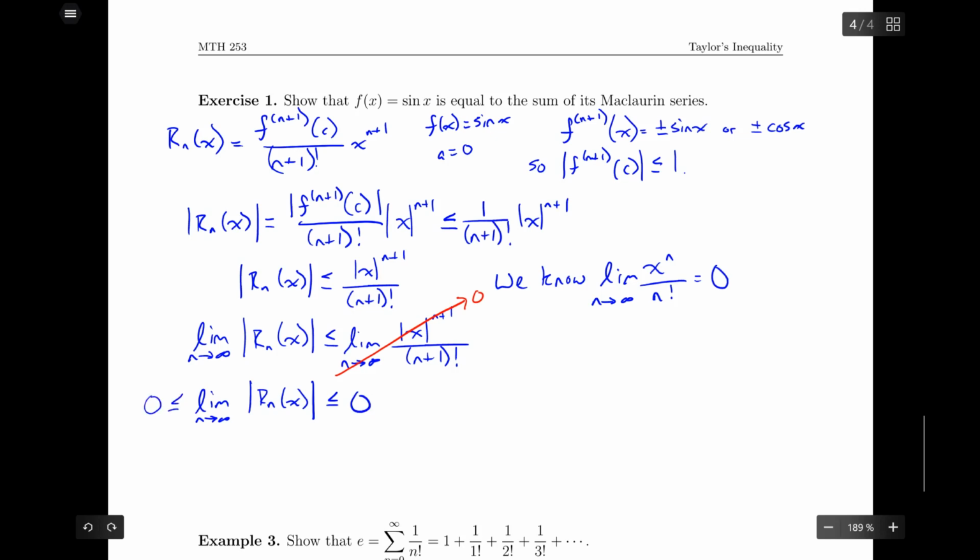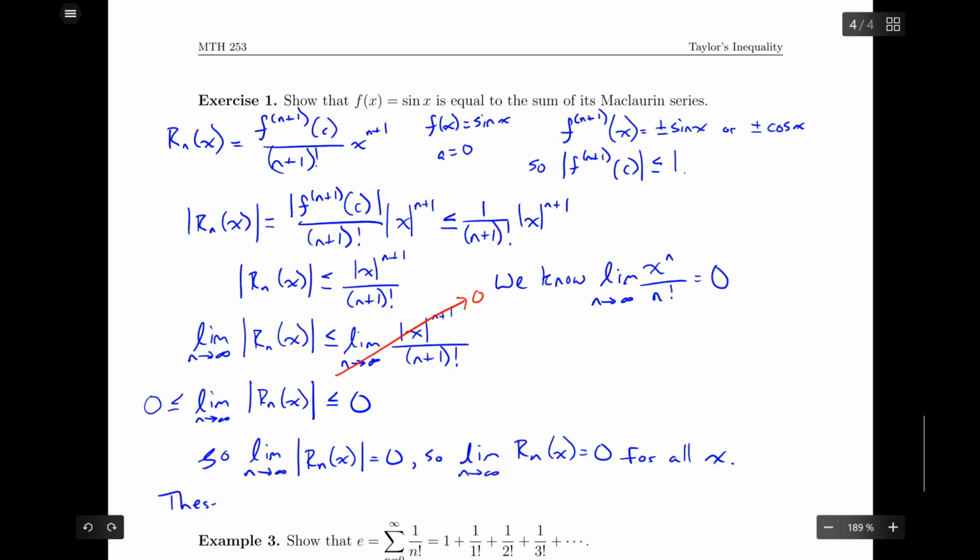And so what we've determined is that the limit as n approaches infinity of the size of R sub n of x is equal to 0. So from our video on sequences, we know that the limit as n approaches infinity of the remainder is 0. And this is true for all x.